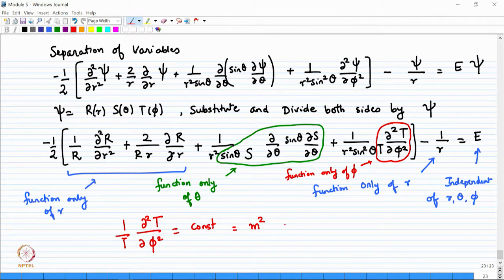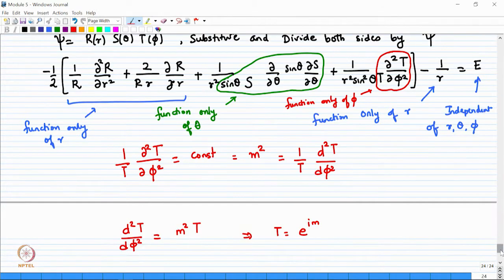So this I can write as 1 over t d square t by d phi square. Similarly, all these derivatives of s with respect to theta become d by d theta because there is only a theta dependence. So all these derivatives become regular derivatives. Now let us go to the next step, that is solving for phi.